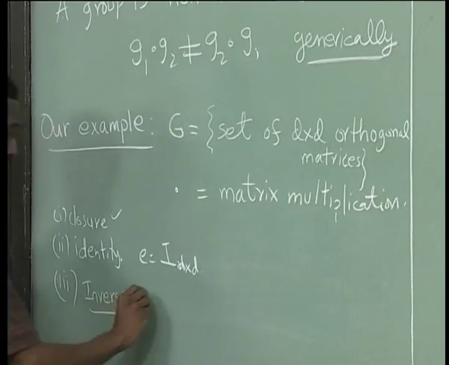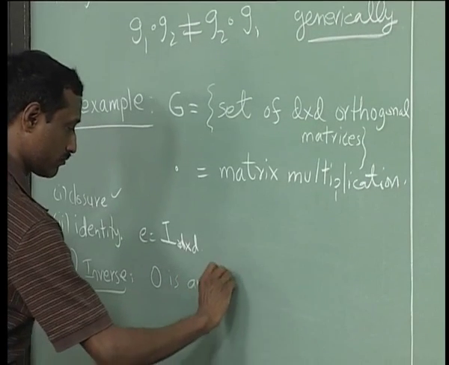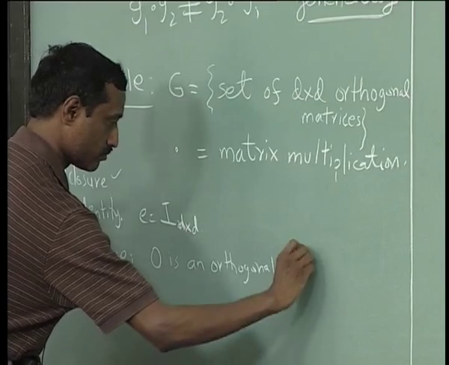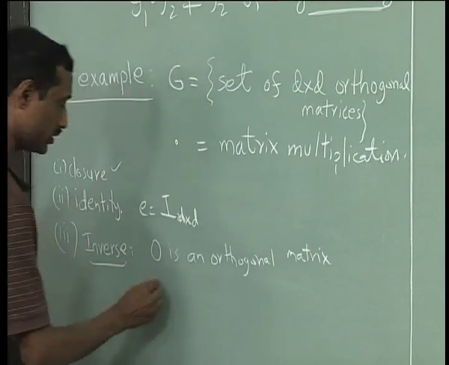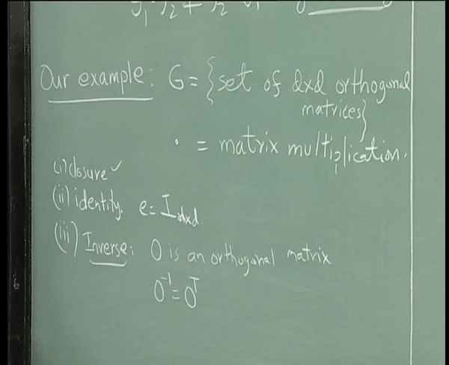So let us say that O is an orthogonal matrix, then it is easy to show that O inverse is nothing but O transpose, which is another orthogonal matrix. And associativity holds for all matrix multiplication, the order does not matter. Okay. So I will not check that part.